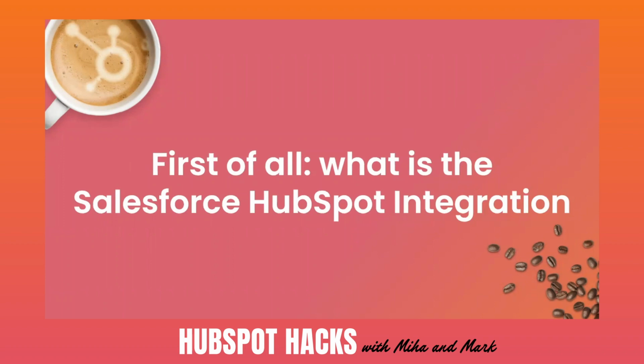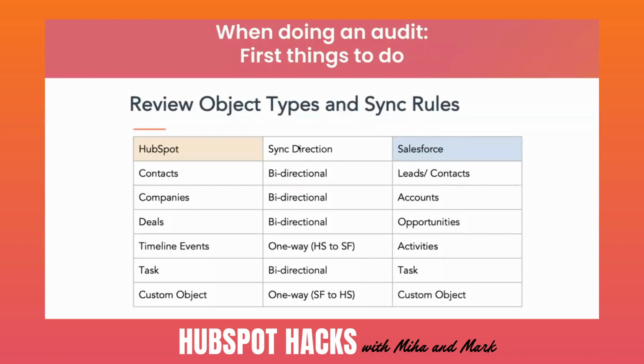Then HubSpot is the marketing automation. Then you'll want to connect the Salesforce HubSpot integration, which will connect the dots between the two databases and make sure the flow of leads goes from the marketing automation into the Salesforce CRM.